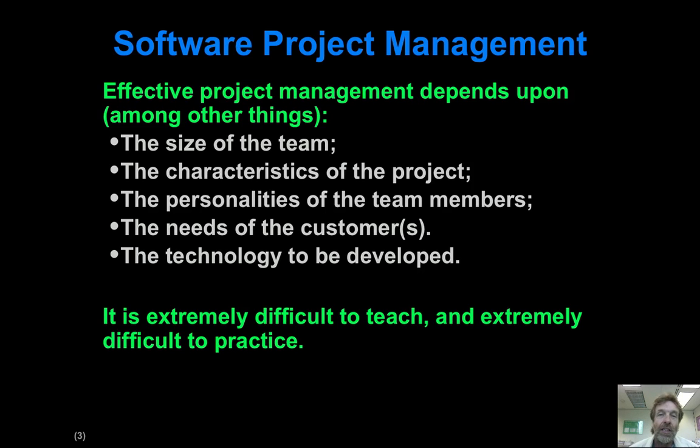So just as there are many application domains in software development, there are many ways in which one could do project management, and the correct or most efficient and effective approach depends, among other things, on how big the team is, what kind of application development you're doing, personalities, customer needs and so forth. So it's extremely complicated to get a grip on what should be appropriate project management.